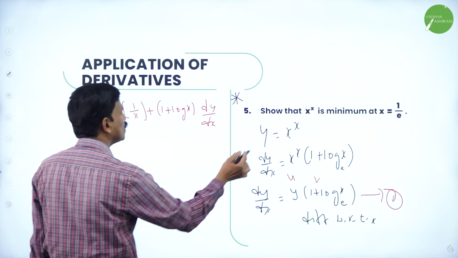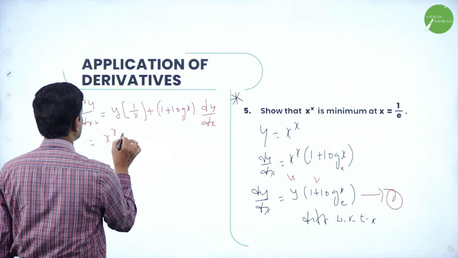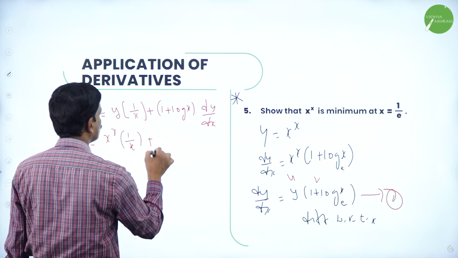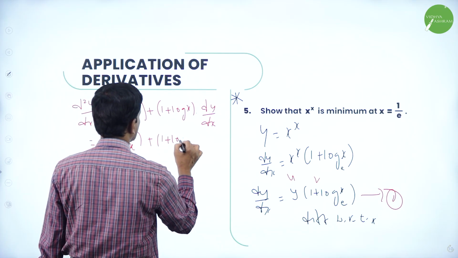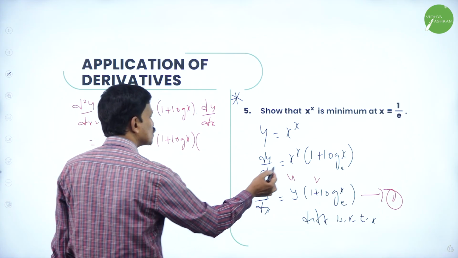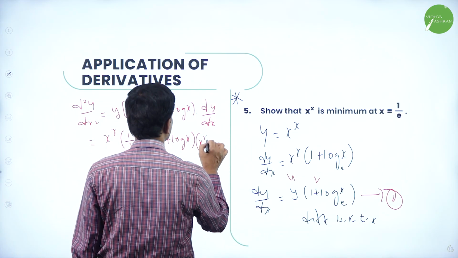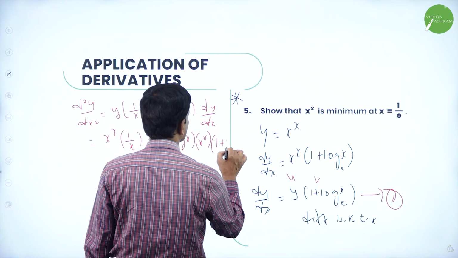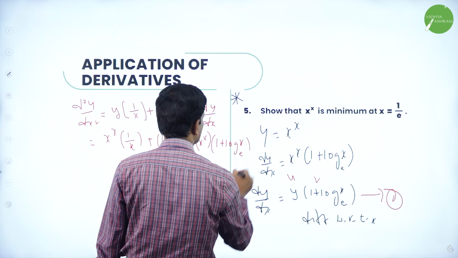Now substitute the value of y. Y is x power x into 1 over x plus (1 plus log x) into dy by dx from equation 1, which is x power x into (1 plus log x).